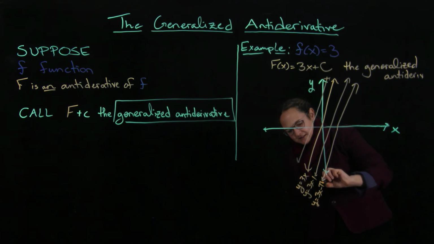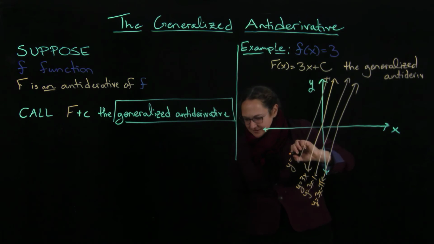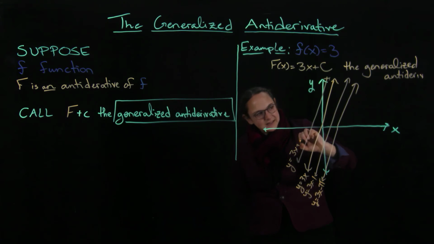You're going to have to use your imagination a little bit here. Y equals 3x plus e squared.